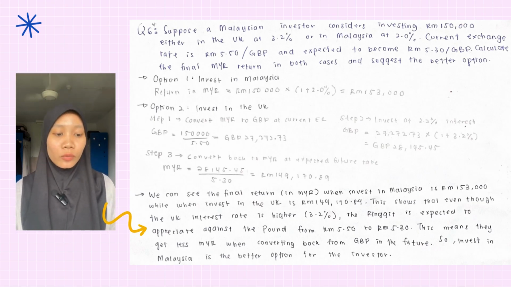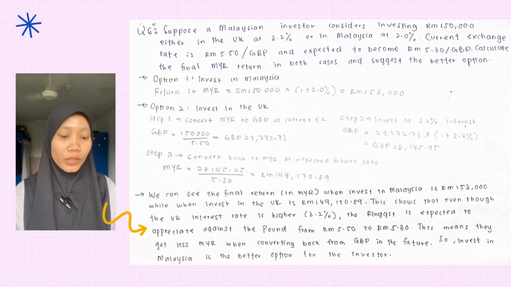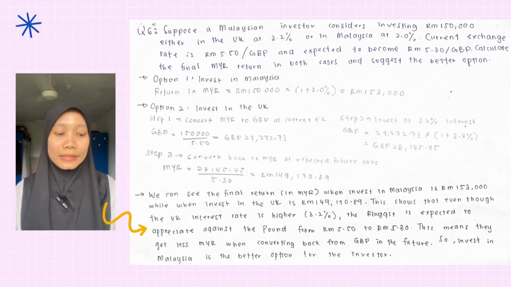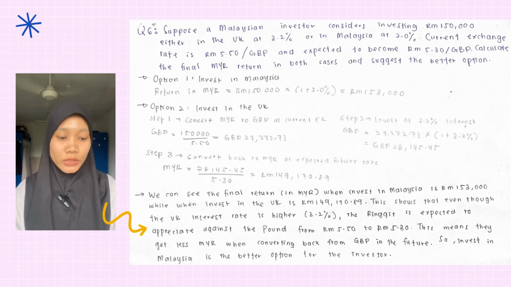Then option 2, which is investing in the UK. First we need to convert to GBP at the current exchange rate, which is 150,000 divided by 5.5 ringgit, and we will get 27,272.73 British pounds.